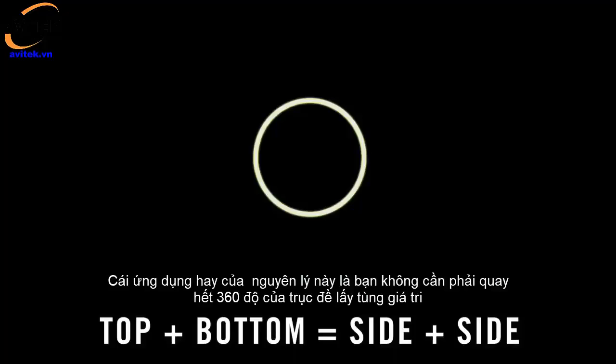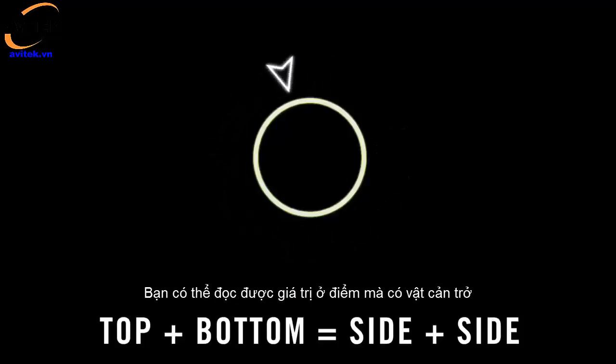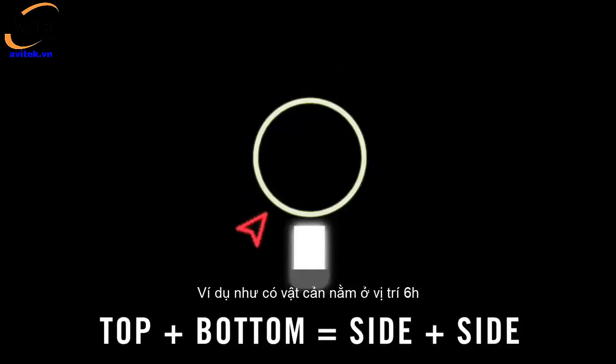The power of the validity rule is that we don't have to rotate a full 360 degrees in order to get accurate alignment information. That can come in very handy if we have obstructions. For example, with a lot of small machines, it's impossible to get a reading at 6 o'clock.